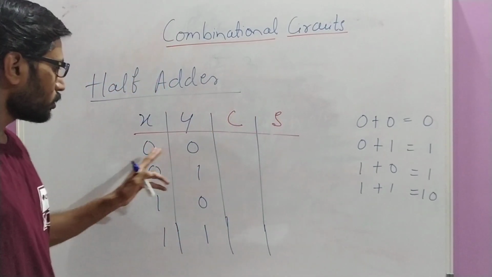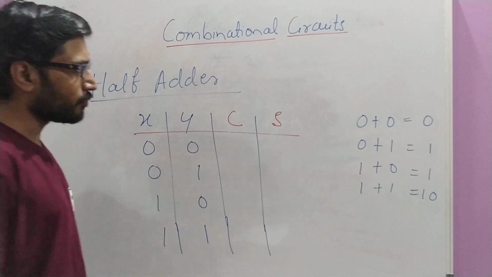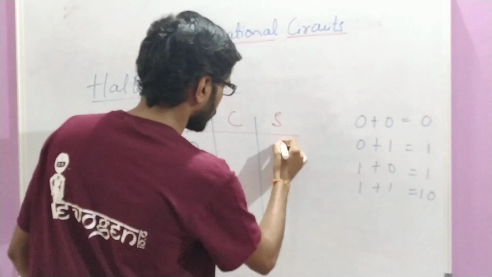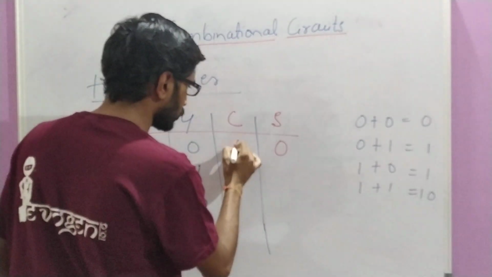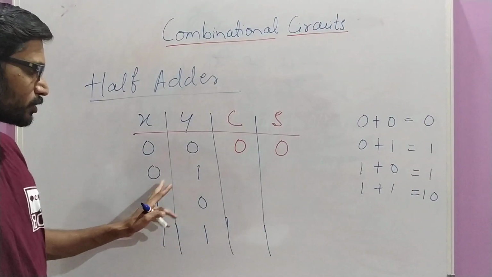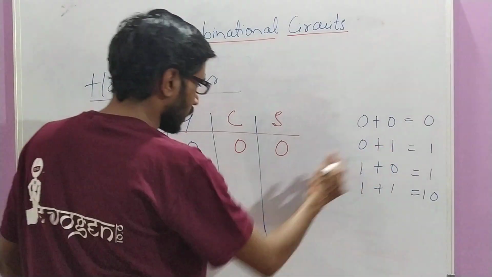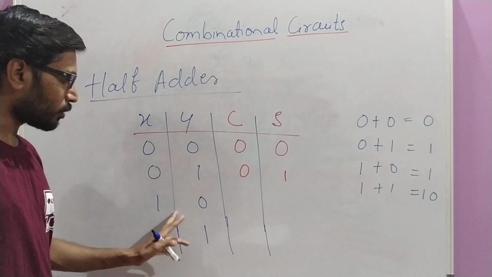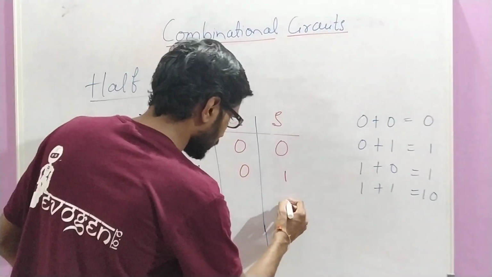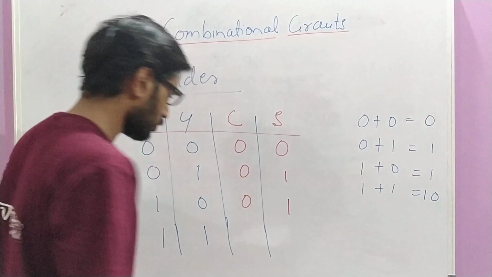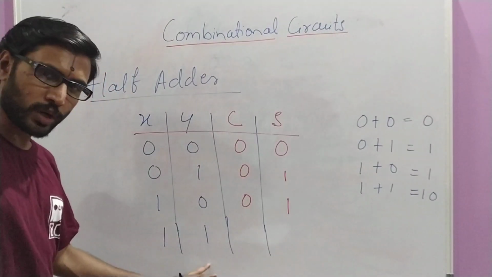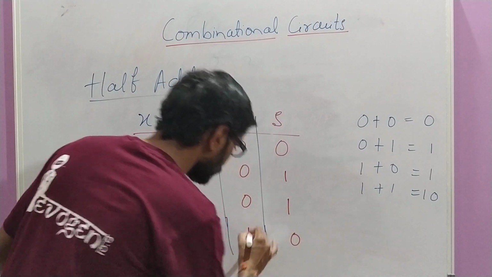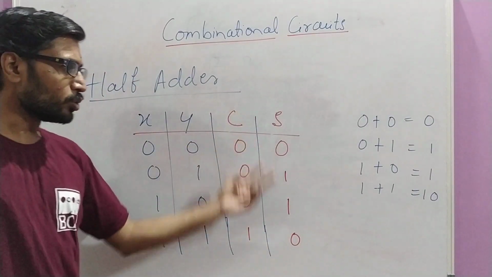So when we say 0 plus 0, sum is 0 and there is no carry, so carry is also 0. In the case of 0 plus 1, sum is 1 and carry is 0. In the case of 1 plus 0, again sum is 1 and carry is 0. Now in the case of 1 plus 1, sum is 0 and carry is 1. So these are the 2 outputs.